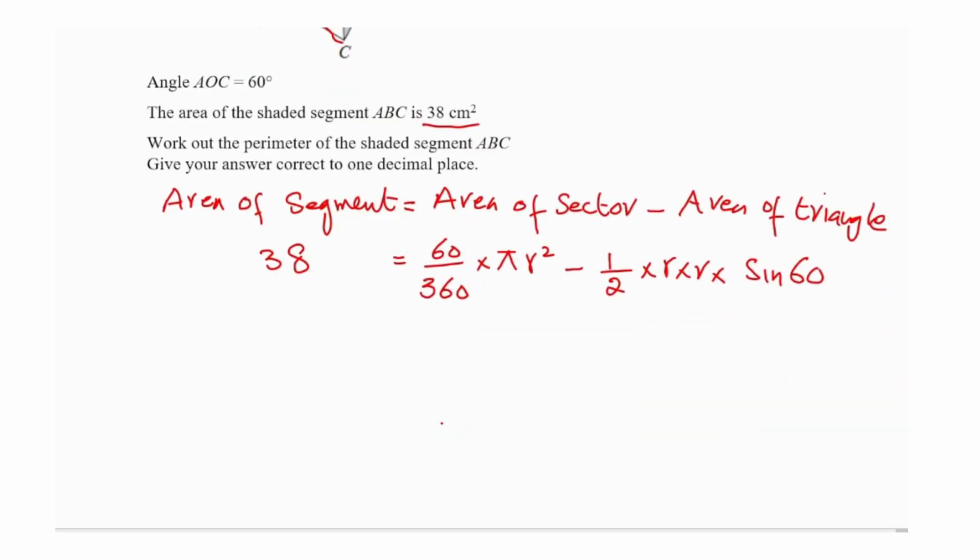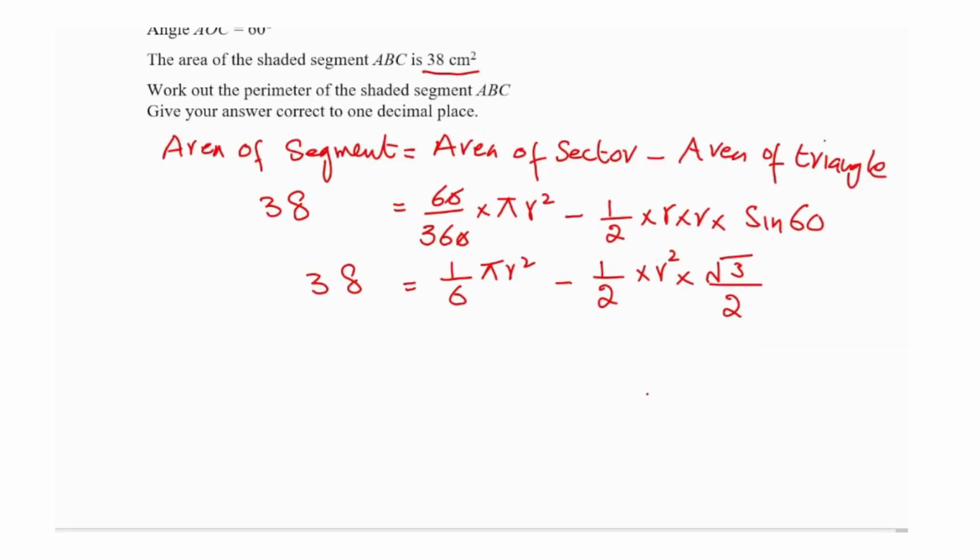If you solve this further, you will get 1 over 6 pi r squared. The 0 cancels out, and 6 goes into 36 six times, so we get 1 over 6. Then minus 1 over 2, r times r is r squared, and sine 60 is root 3 over 2. You are allowed to use a calculator. Everything equals 38. Now we can write it in a simplified form.